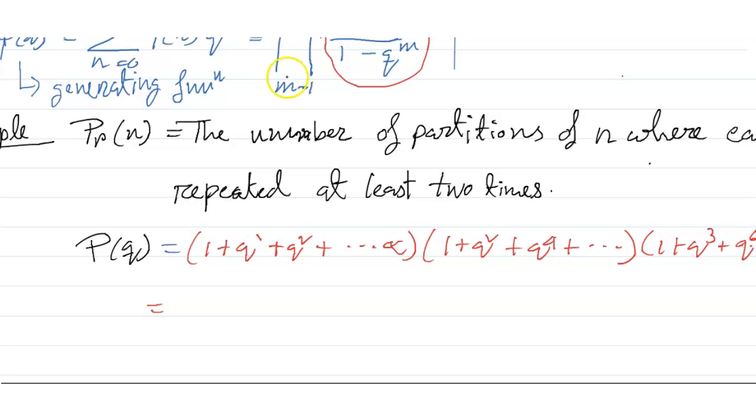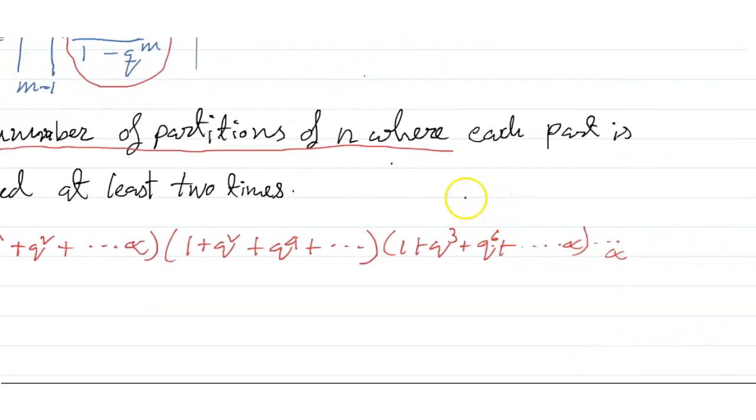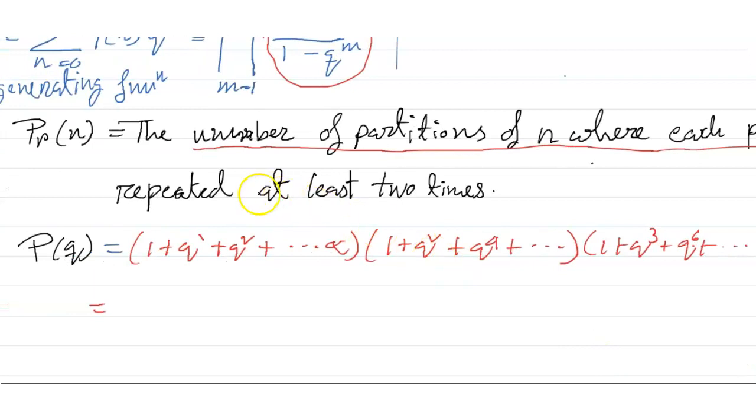Now whatever you see, the number of partitions of n where each part is repeated at least 2 times.